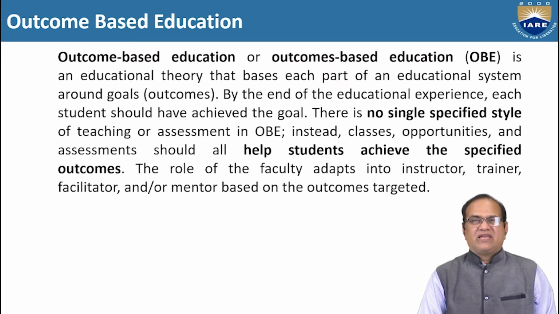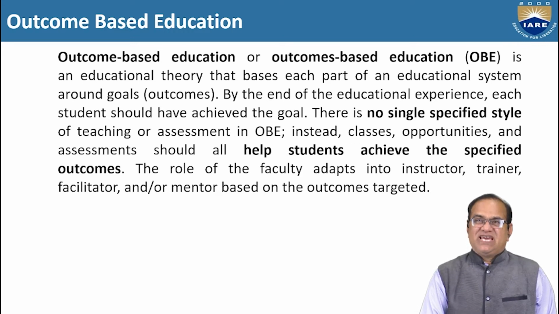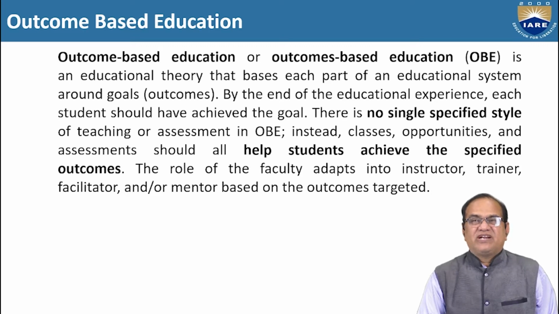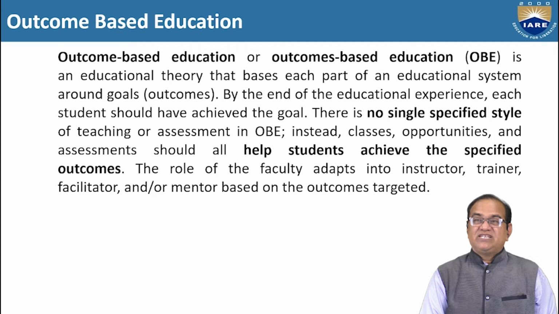In olden time, before this system, the teacher used to only teach the course, but now due to the implementation of outcome-based education, the choice based credit system, CBCS, is also implemented, so that students can opt for their choice from the different given courses, and the faculty can act as an instructor, as a trainer, as a facilitator or mentor based on the outcome targeted.